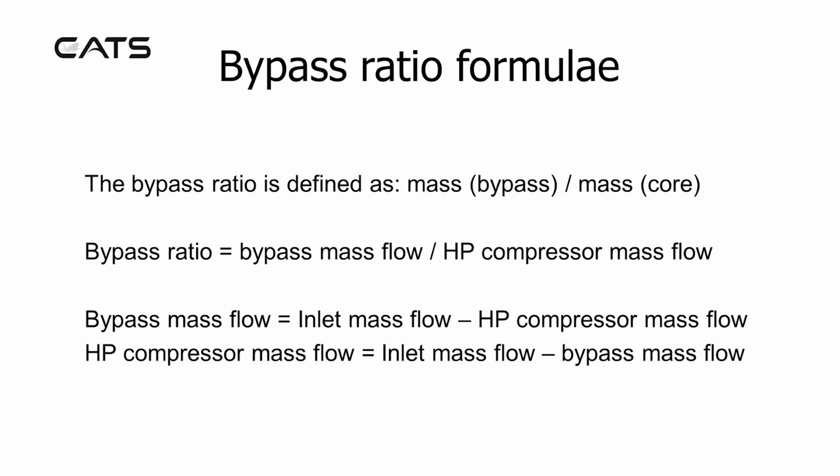Other ways of thinking about this would be bypass mass flow equals the inlet mass flow minus the high pressure compressor mass flow, and the HP compressor mass flow equals the inlet mass flow minus the bypass mass flow. This is just by rearranging formulae.